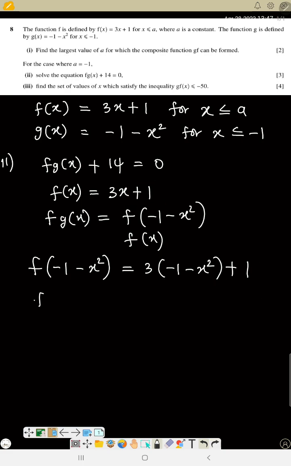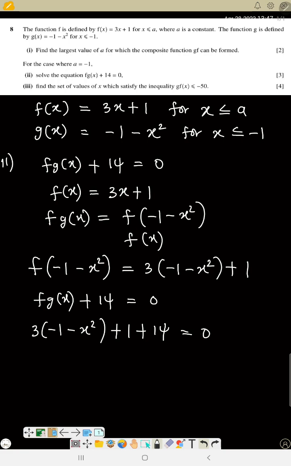So remember that fg of s plus 14 is equal to 0. That means we know fg of s already as all this. So that means I'll have 3 brackets minus 1 minus s squared, plus 1, then plus 14 is equal to 0.